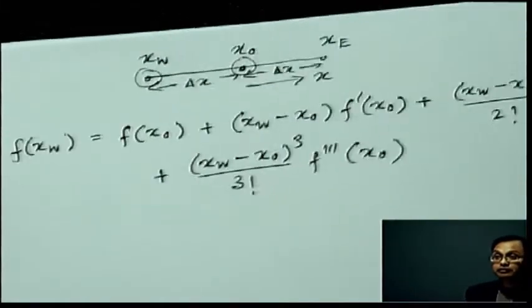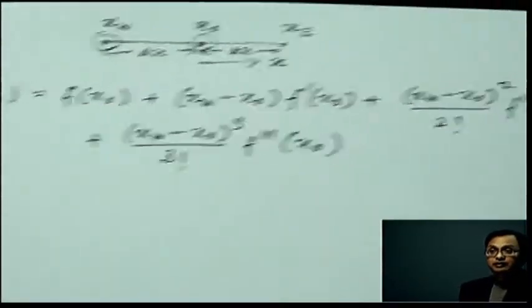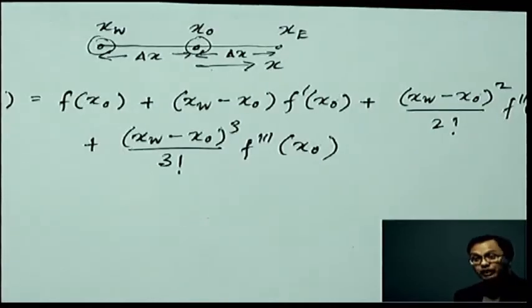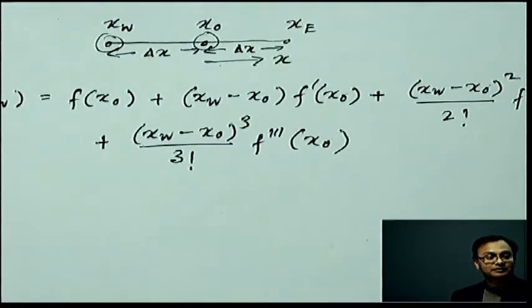Anyone here who doesn't understand this? This is pretty clear, right? This is just the Taylor series expansion as you see for the first time in your math book.